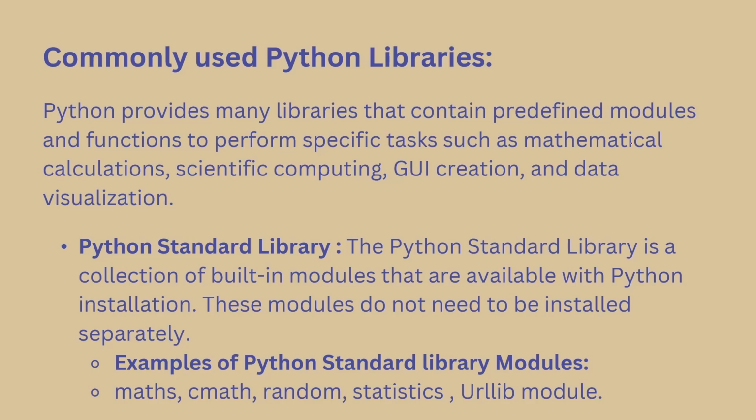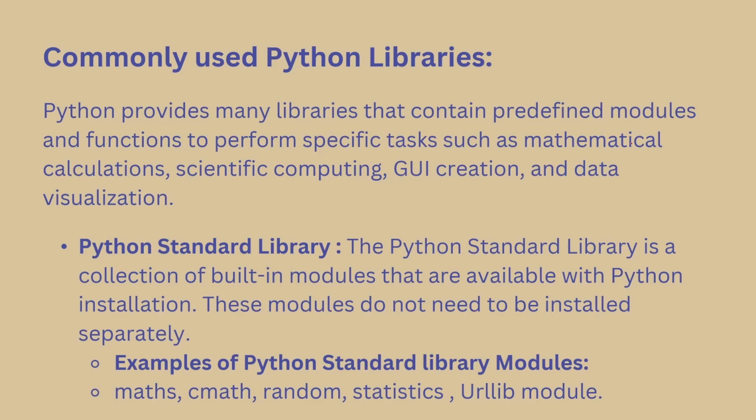The Python standard library is a collection of built-in modules that are available with Python installation. As soon as we install Python, this collection of built-in modules becomes available to us, and these modules do not need to be installed separately.